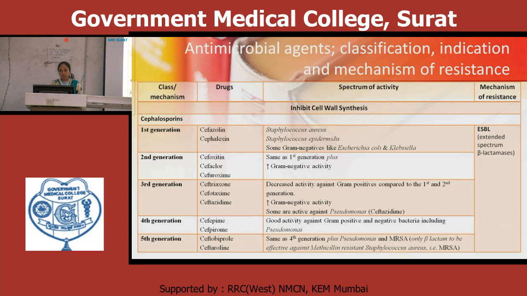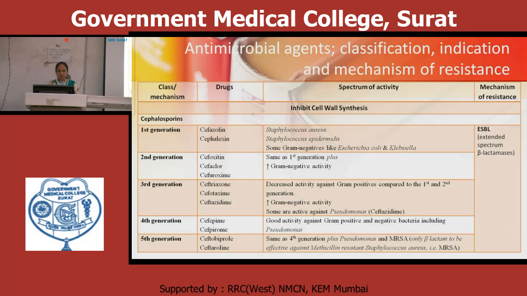Mechanism of resistance is ESBL, that is extended spectrum beta-lactamase. In second, third, fourth and fifth generation, mechanism of resistance is same as ESBL. Second generation, that is cefoxitin, cefaclor and cefuroxime. Spectrum of activity is same as first generation plus increased gram-negative activity.